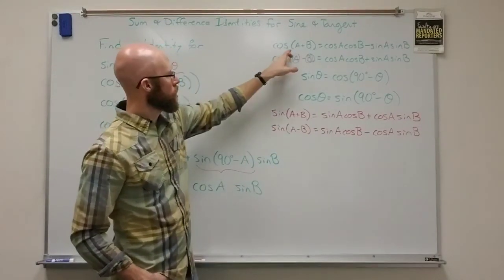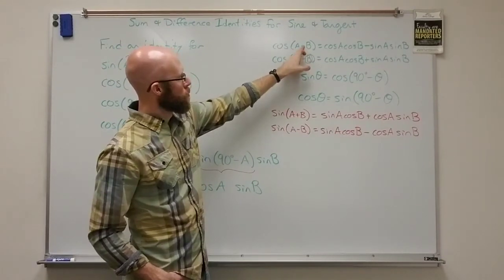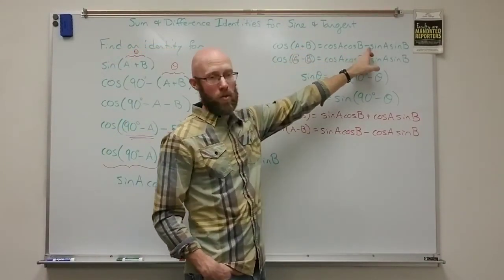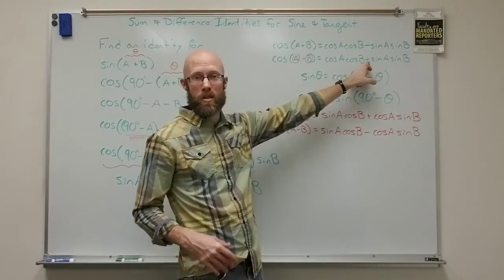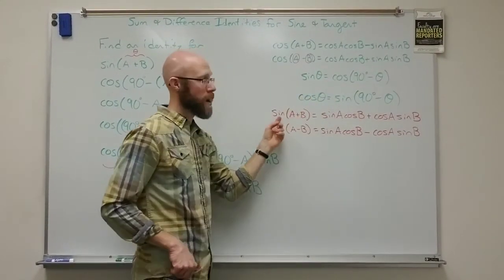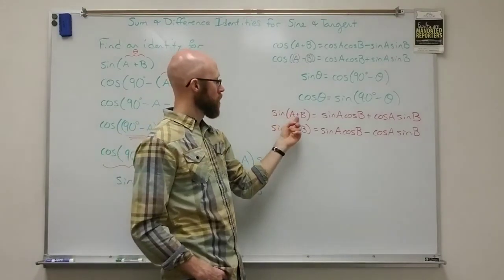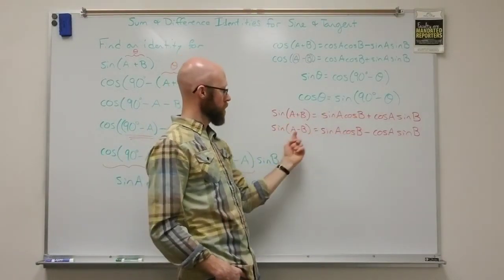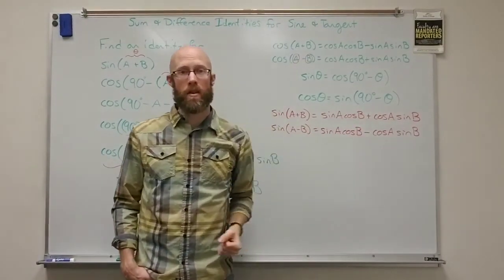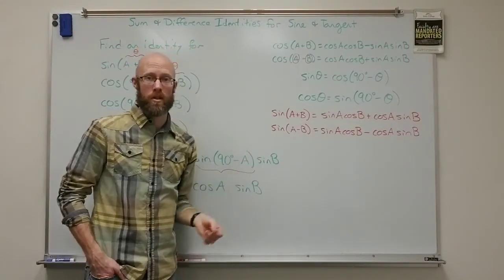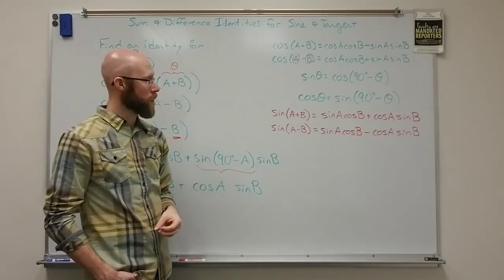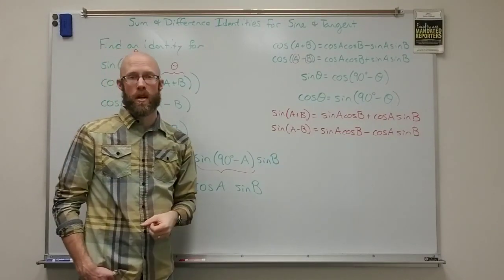And then with the cosine formula, you have the sum formula relating to a subtraction and the difference relating to an addition, which is a change in the sign. But with the sine formulas, the plus and the minus go together. Those are just some differences between the two formulas, or four formulas I should say, and how they relate to each other.